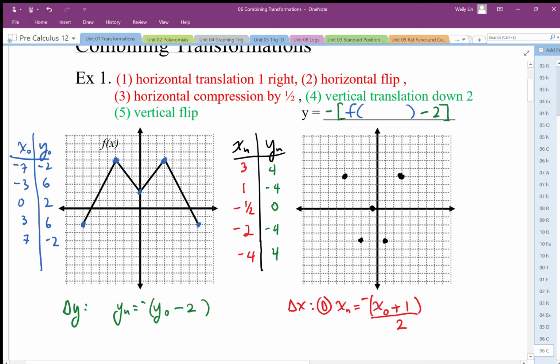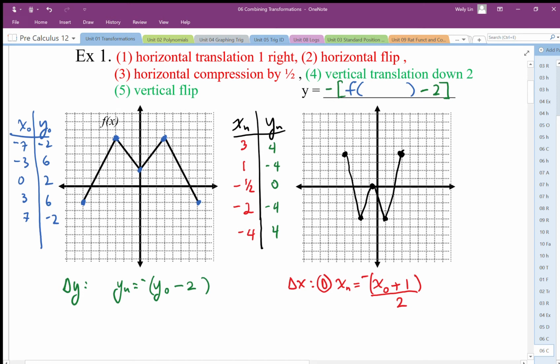Now I have my M shape vertically flipped, so it's a W shape. It's been shifted down, it's been horizontally compressed. It's got a horizontal flip, which actually doesn't do anything to this because the horizontal flip is just going to make it look like a W anyways. So there's my transformed function.